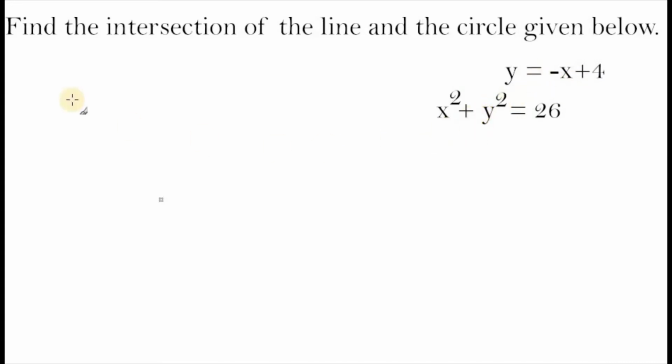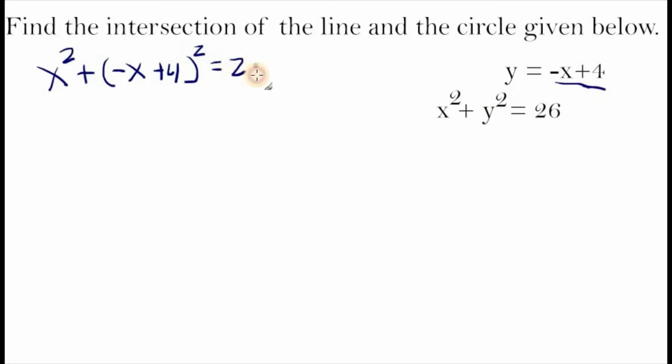So we're going to take this and write x squared plus, and instead of writing y, put in parentheses this number, negative x plus 4, close parentheses, and you gotta make sure you keep this squared, equal to 26.